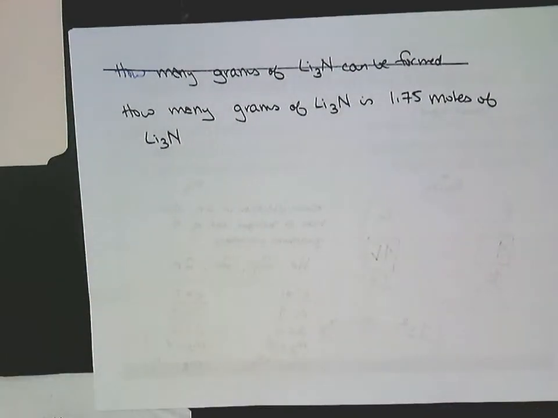So let's say I have that many moles, I'm going to go from moles to grams. That's the question I actually want to ask. So what unit are you given? Moles, right? So you're going to start with that. And what unit do you want to go to? Grams.